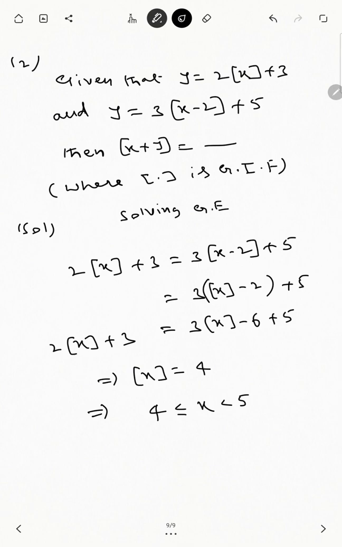Is it right? This implies x is equal to 4 plus f, where f is the fractional part, lying between 0 and 1. 0 point something, or 0, is the fractional part. Next one we can discuss, fractional part of x.